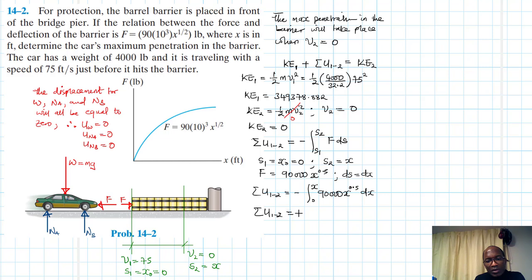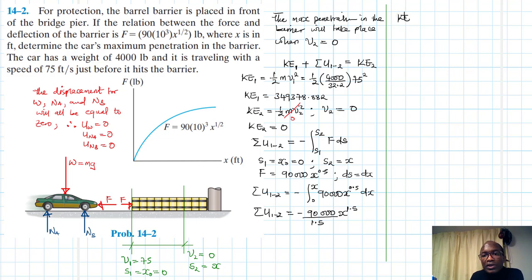So this is just equal to minus, this just becomes 90,000 divided by 1.5 x to the power 1.5, right? So with this, let's plug this into our equation.